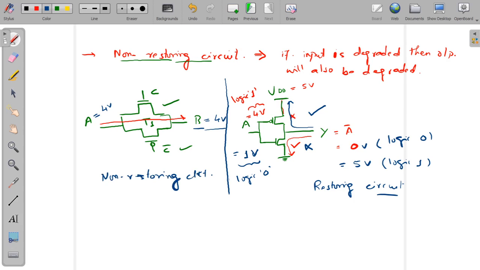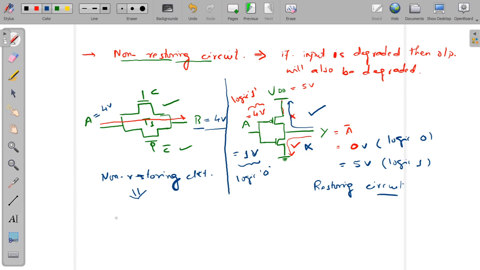They do not correct the output value to the perfect logic 1 and logic 0 levels. And because transmission gates are non-restoring in nature, this puts a limitation on how many stages we can use in series when using transmission gates.